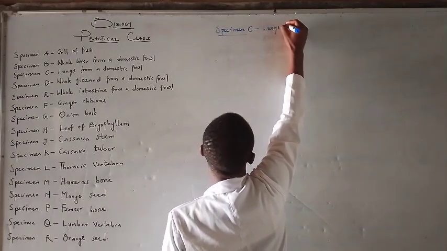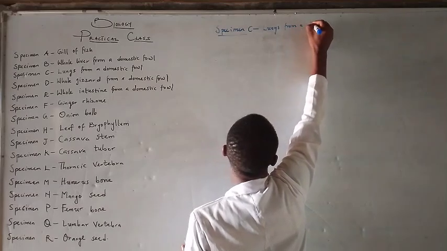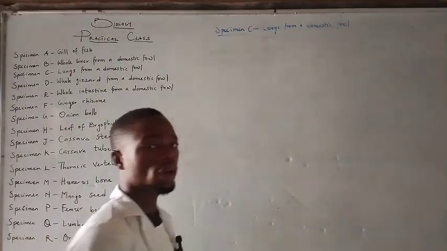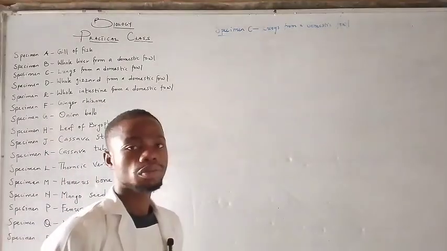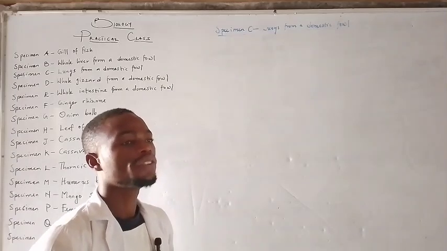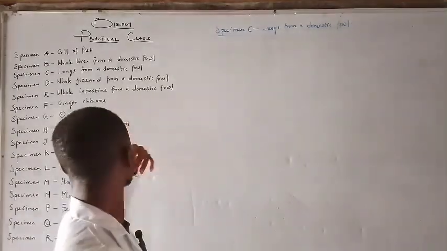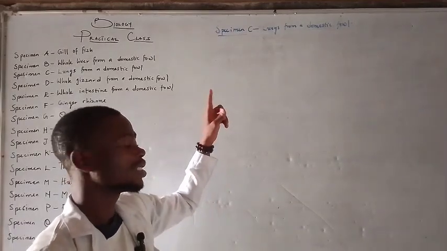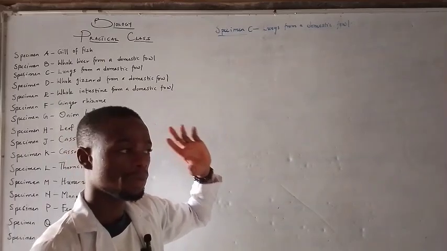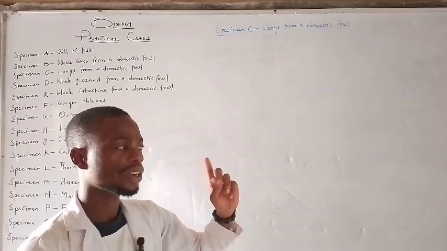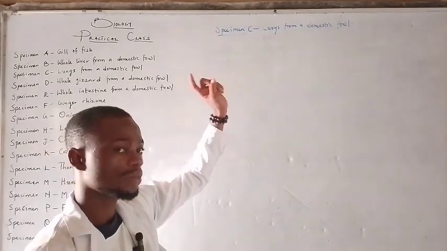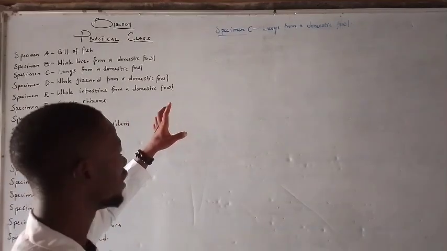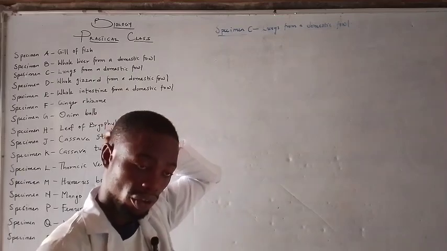Lungs from a domestic fowl. Now, you will recall that we talked about the habitat, the phylum, the class of liver, that means specimen B. So ditto is for specimen C. All we said under specimen B for habitat, phylum and class is the same thing for specimen C. Specimen B, specimen C, specimen D, specimen E, they are all got from a fowl.